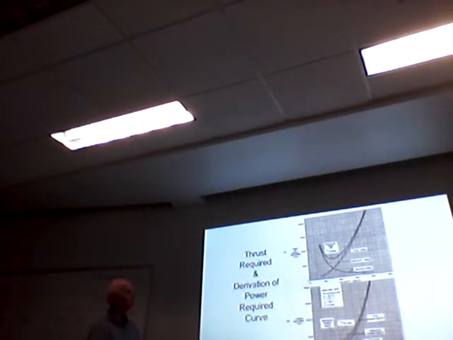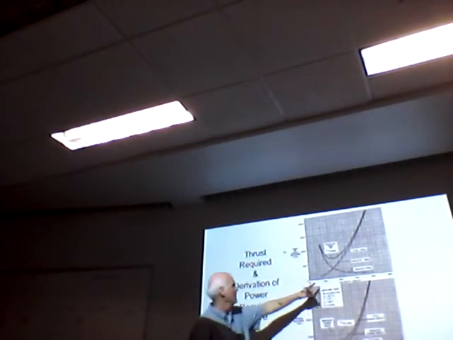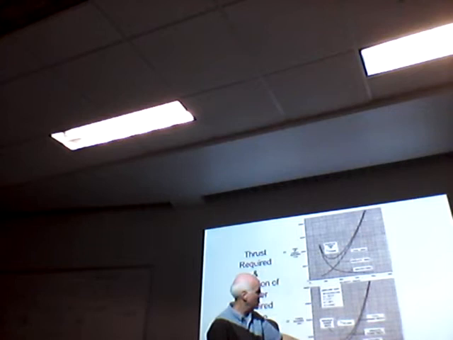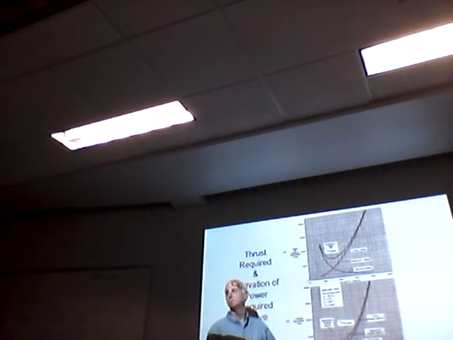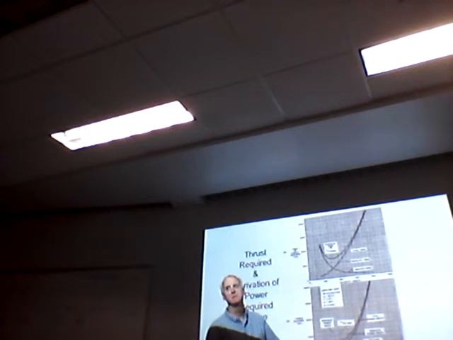Now, here's the thing. Notice this min point here does not coincide with a min point here. It's not the same speed. However, this min point here is not L over D max like it is up here.